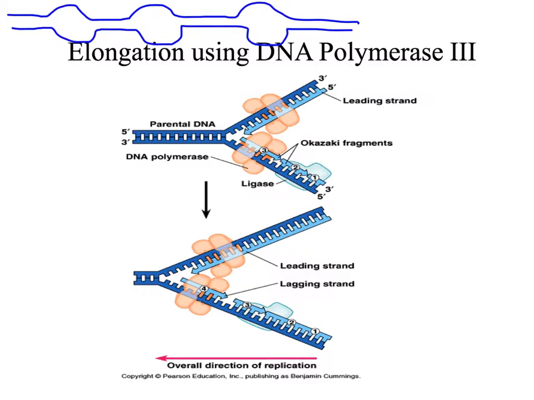And then inside those origins of replication, you had these little things. What are these little things? They're not the things helping make the new DNA. Those are the new DNA. So with that in mind, what do you think this light blue area is? The new DNA. And what about this one? The new DNA.